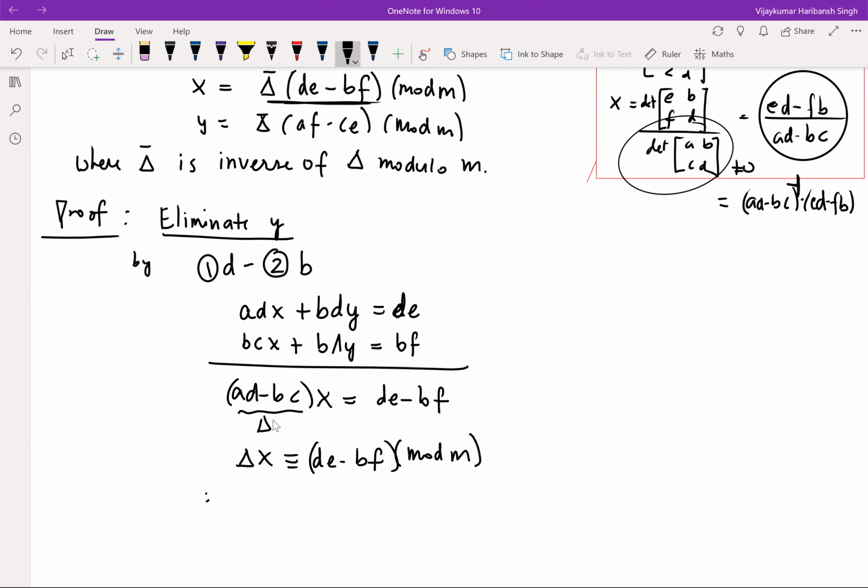So this means x equals, multiply both sides by delta bar, where delta bar is the inverse of delta modulo m.